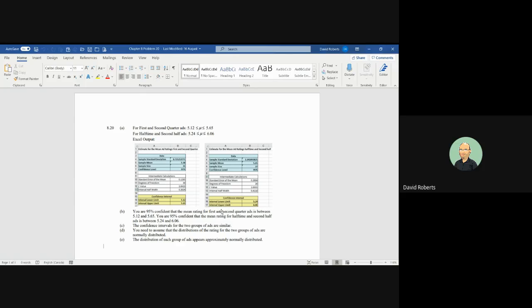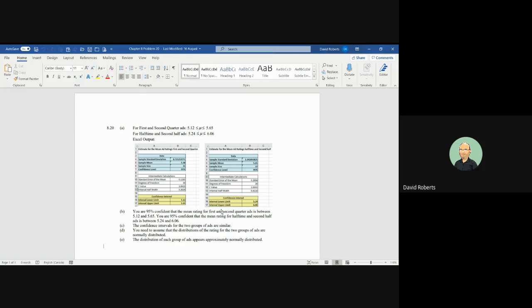In the second half, the sample mean was slightly higher at 5.65. The sample size is 27. And again, the standard deviation is greater, it's 1.04. So the mean was higher, and the standard deviation was also higher.